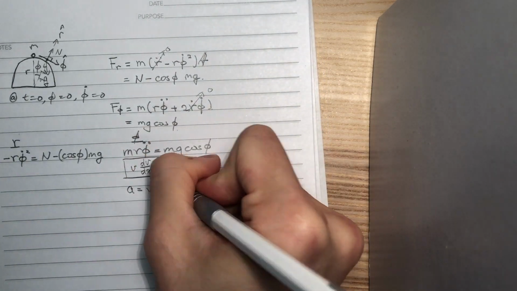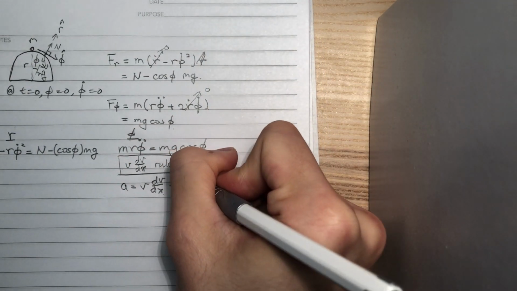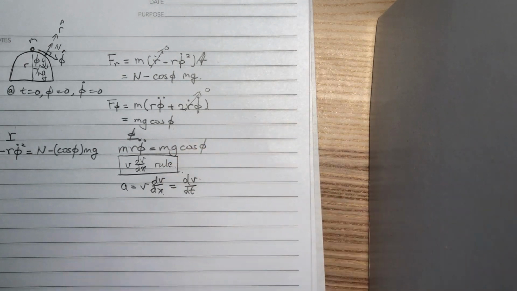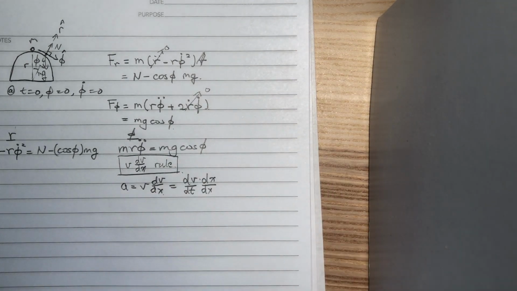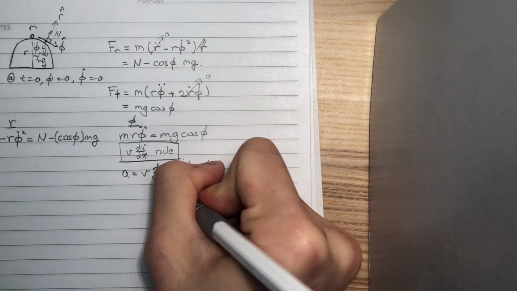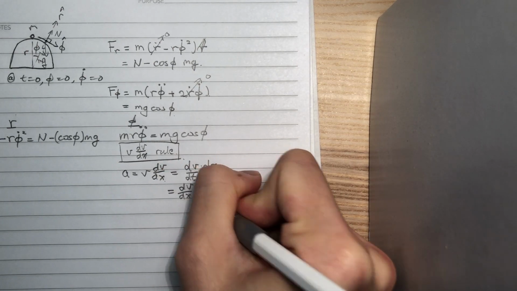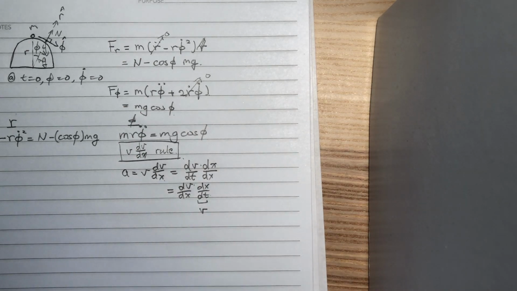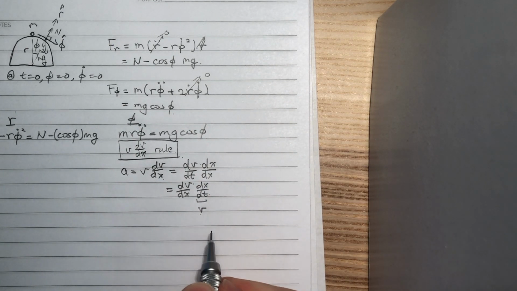How do we see this? Acceleration equals dv dt, and if we multiply top and bottom by dx, we get dv dx times dx dt, where this is just my velocity. So acceleration equals velocity times dv dx.